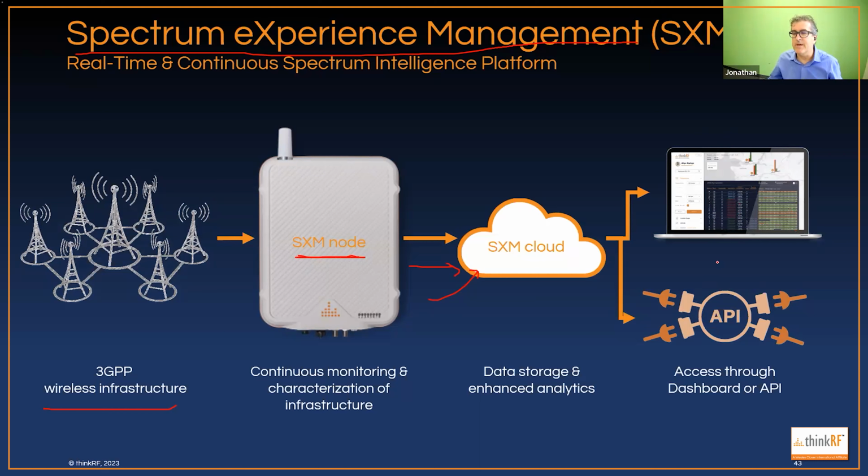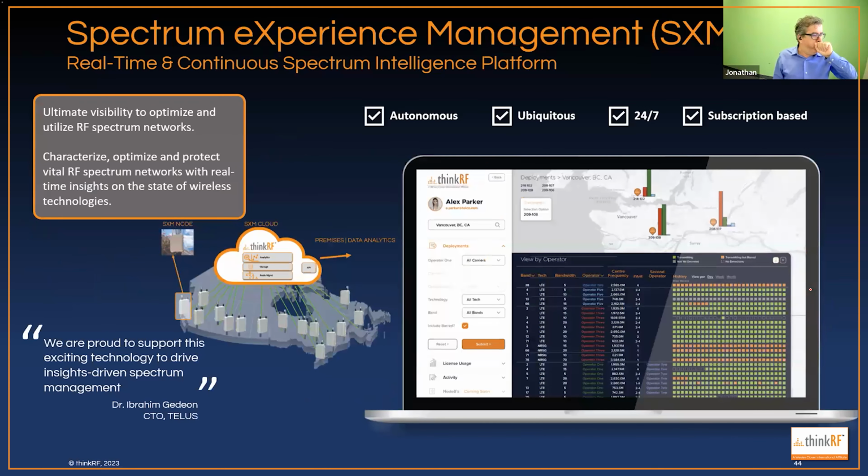A dashboard might do that, or you can access that data through an API, which allows you to integrate the data you've collected with other data sources. So, a deeper view into SXM.